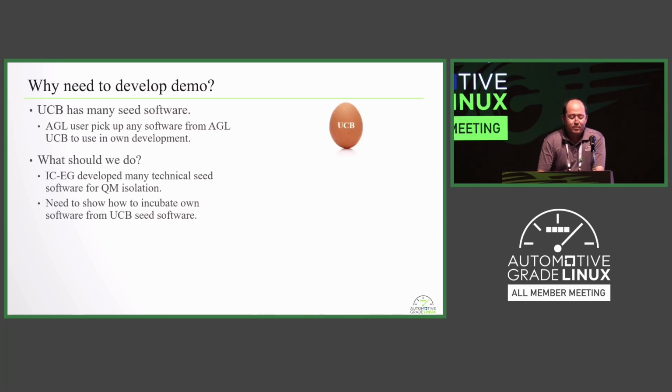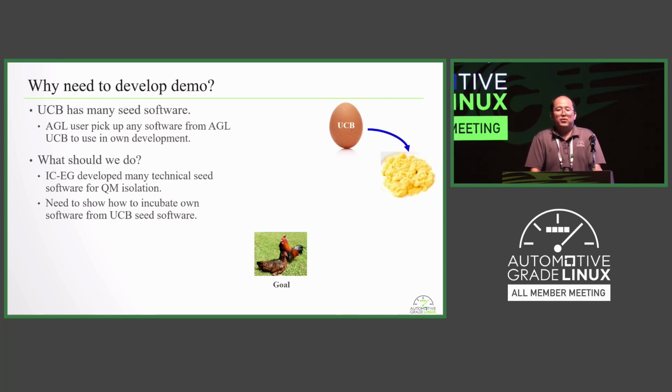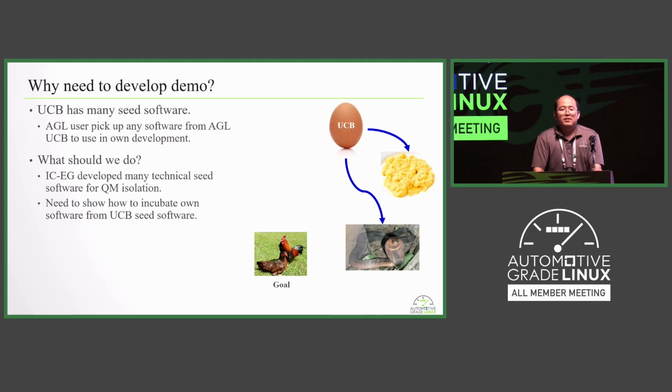For example, we get a UCB egg and we want to create a goal. If there are no demos, one developer creates scrambled egg, and another developer creates a snake from a UCB egg.